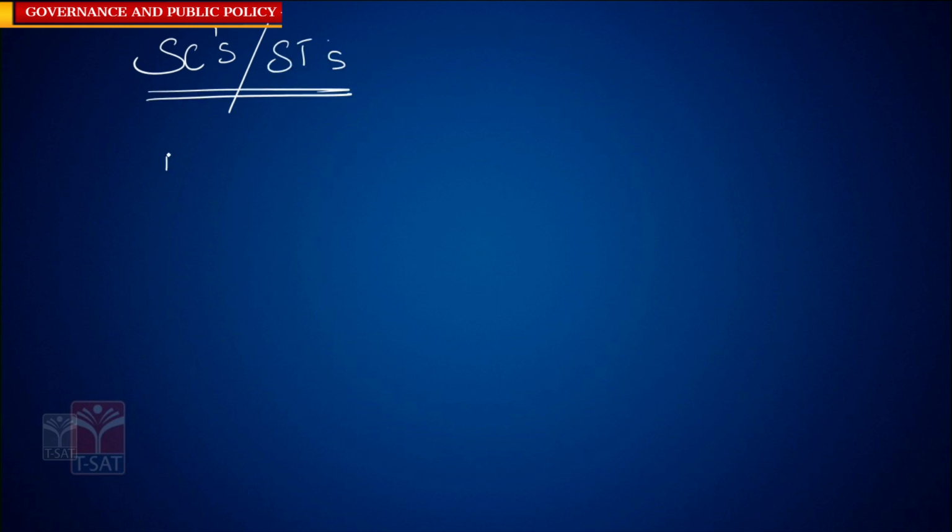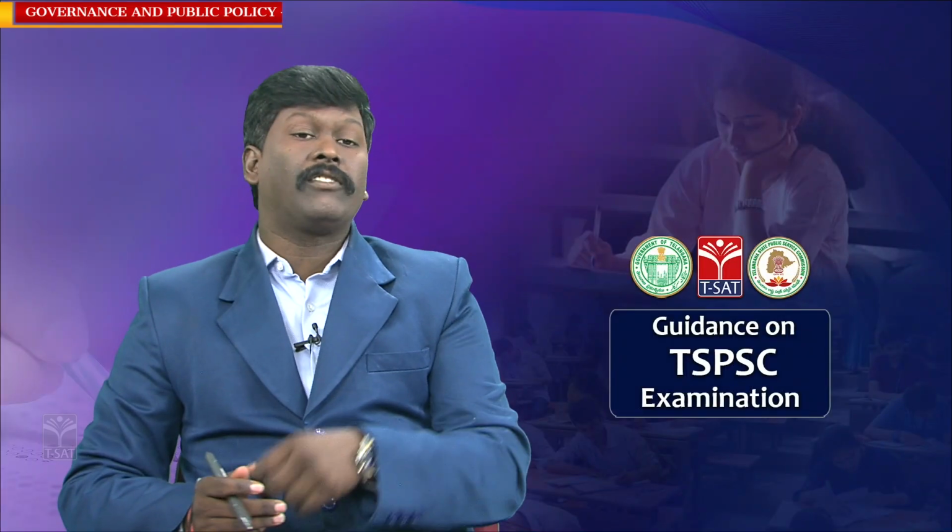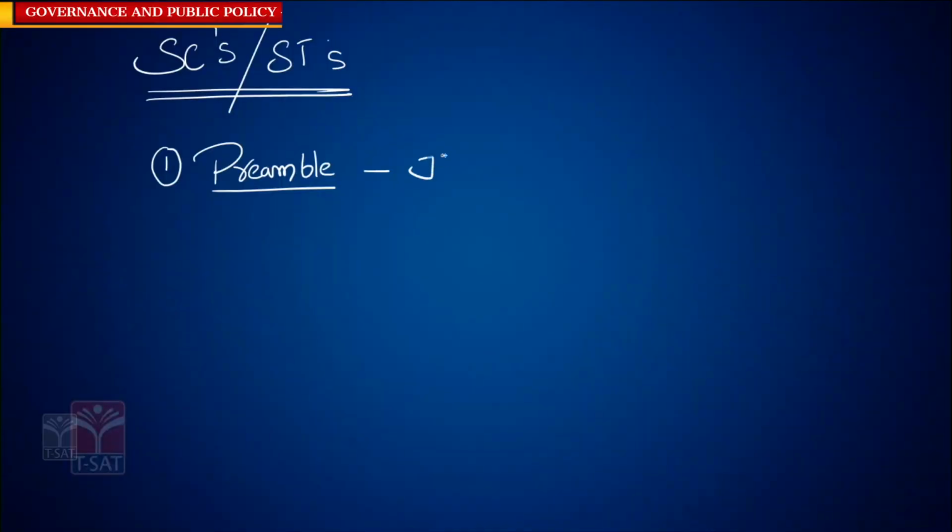The first safeguard we have to start with in the constitution is the preamble. The preamble provides three types of justice to all the people, including SCs and STs.